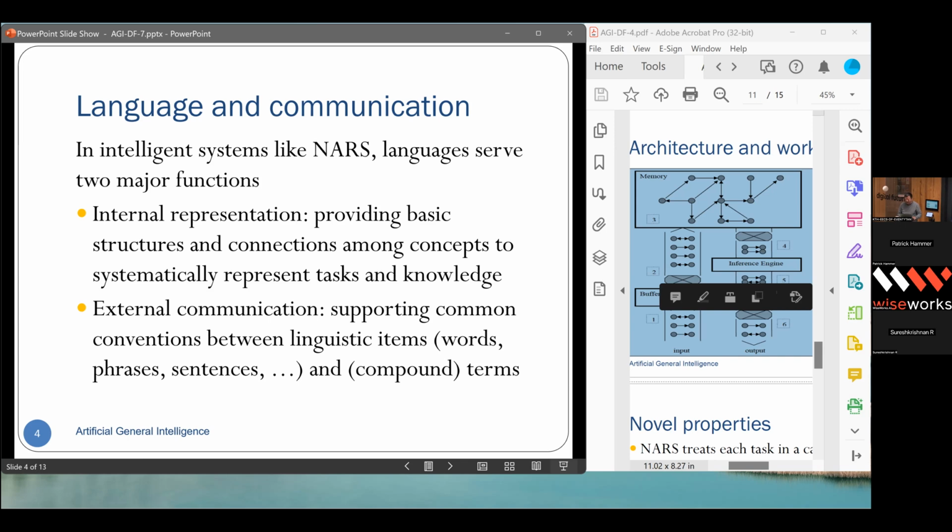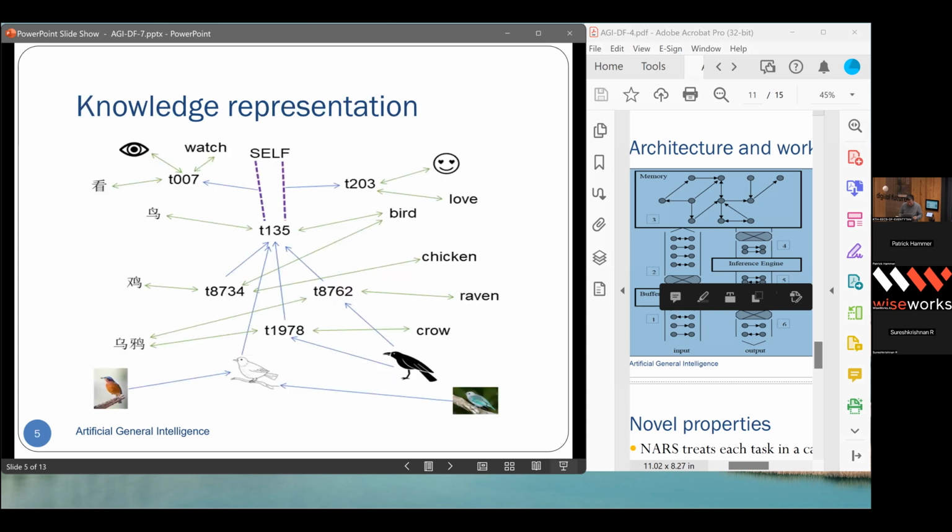There are some people who argue the best way to keep knowledge within the system is to directly use human language. There are all kinds of trouble with that approach. We don't do it that way. But I'm not going to discuss that in detail. We do use human language for communication because it's more convenient for human beings. So don't confuse these two.